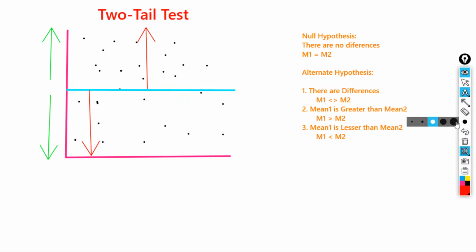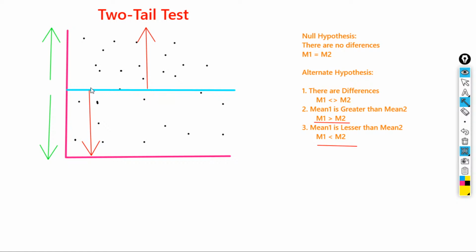Talking about one-tailed test is a concept where we will know what is actually the condition. We know whether mean 1 is greater than mean 2 or mean 1 is smaller than mean 2. We know this before only. If the principal said section A is performing greater than section B, then there is no point of conducting the experiment in the lower side.